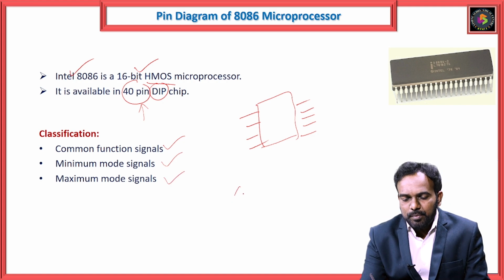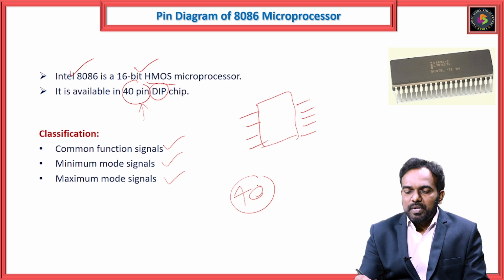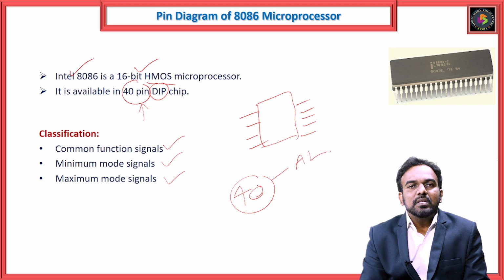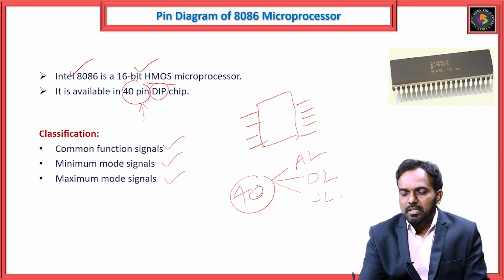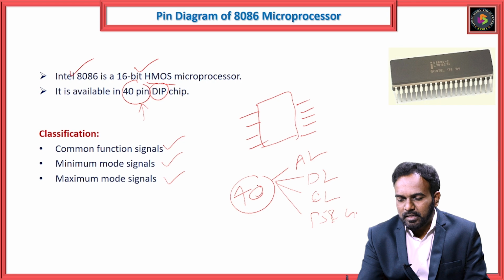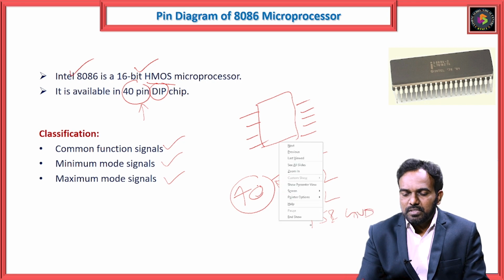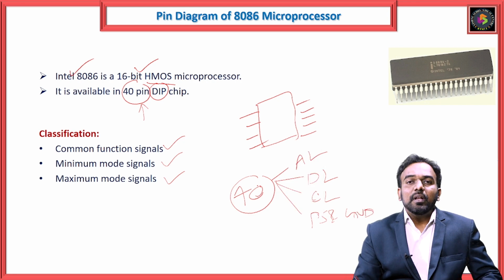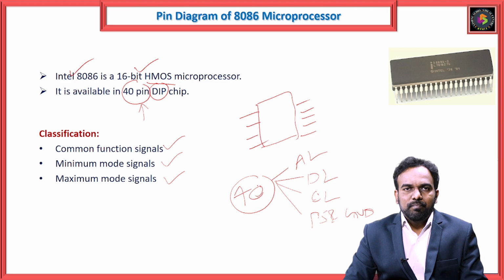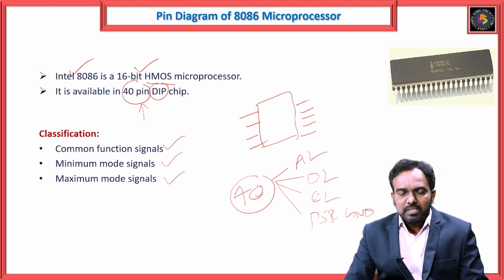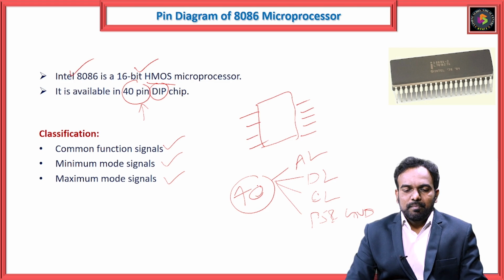Again, among these 40 pins, some pins are address lines, some pins are data lines, some pins are control lines, some pins are power supply and ground, and other pins. Now, we are going to discuss each and every pin function.